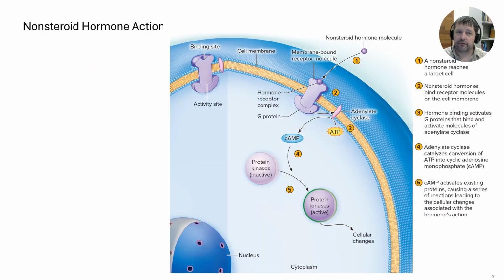Okay, so let's look at kind of that non-steroid hormone action. So you got this non-steroid hormone action, can dissolve in water. Okay, it finds a receptor on its target cell. Okay, that changes the conformation. Normally this is associated with what we call a G protein, but there are different ways at which this can happen.